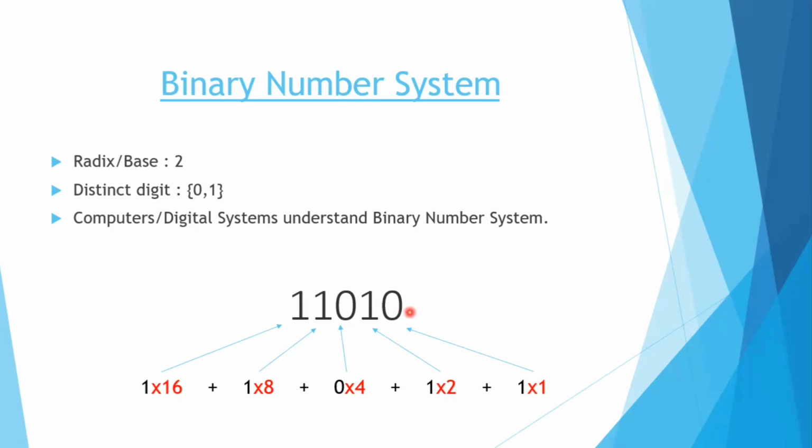So this first digit from the right indicates the number of ones, or 2 raised to power 0. This digit right here represents the number of 2s, or 2 raised to power 1. This digit right here represents the number of 2 raised to power 2, or 4, and so on.